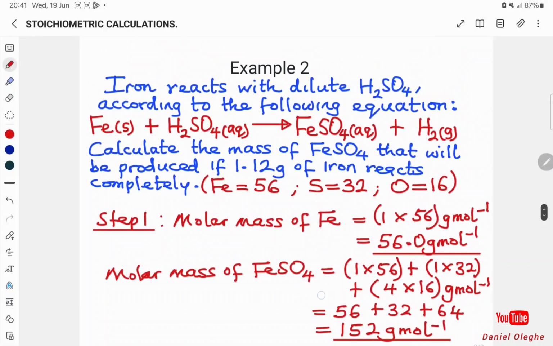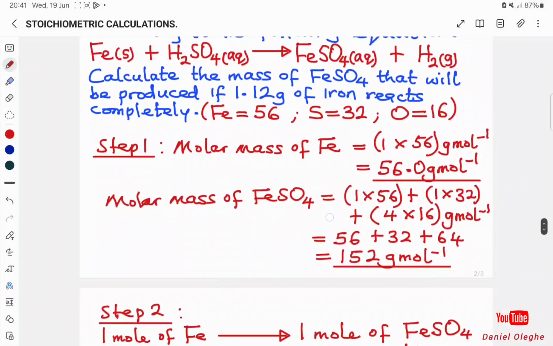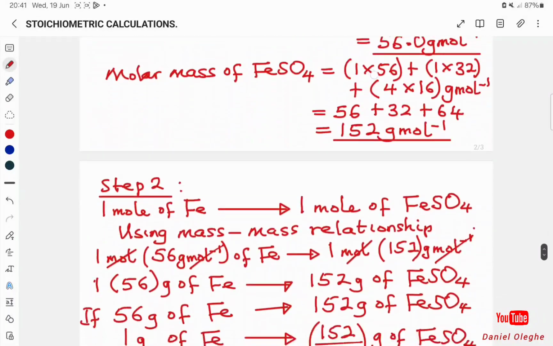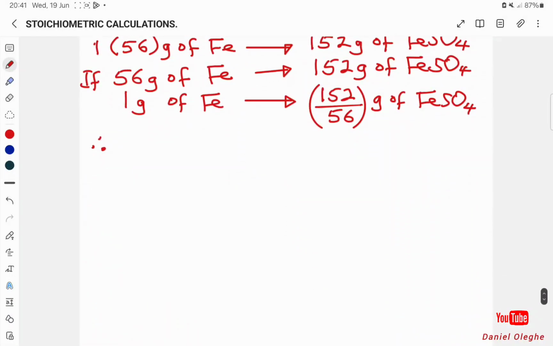According to the question, we're given that 1.12 gram of iron reacts completely to produce FeSO4. So what is the mass of FeSO4 that will be produced?